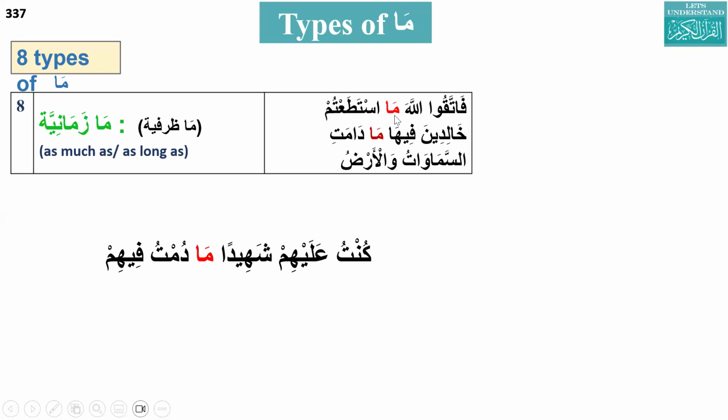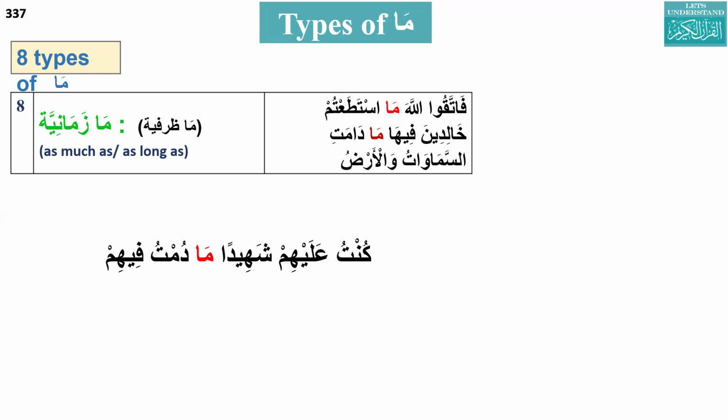Ma, let's see, ma is what? Istata'atum: you all were able to. But here this ma is ma zamaniya. Fattaqullaha mastata'atum. So here we can translate it as: you all fear Allah as much as you are able to.